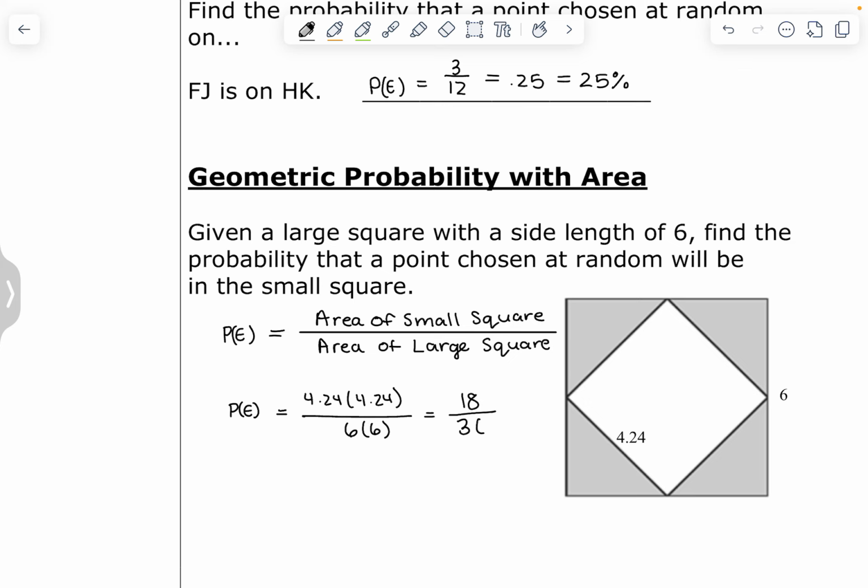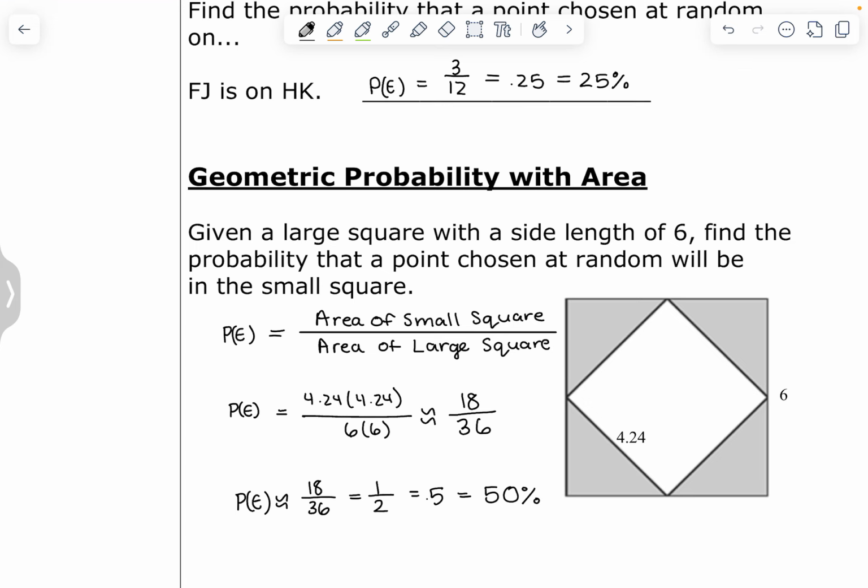And then 6 times 6 is 36. So instead of equals, we'll say it is approximately 18 over 36. And so the probability of this event occurring is approximately 18 over 36, which is 1/2, which is 0.5 or 50%.